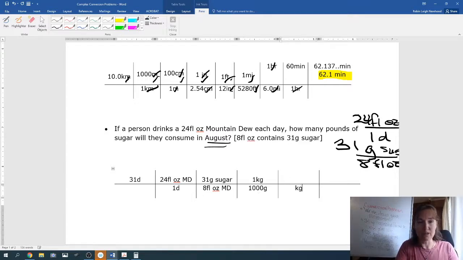I want to get rid of kilograms and go to pounds. Again, if you use it quite a bit, it makes it easier to recall what it is. So there's 2.205 pounds in 1 kilogram. And everything is going to cancel except for pounds because I went one conversion factor at a time.